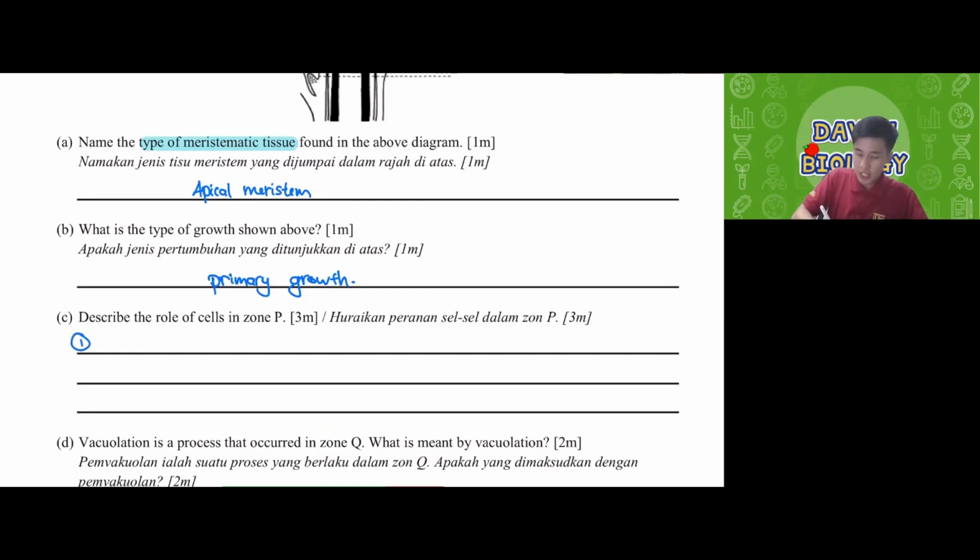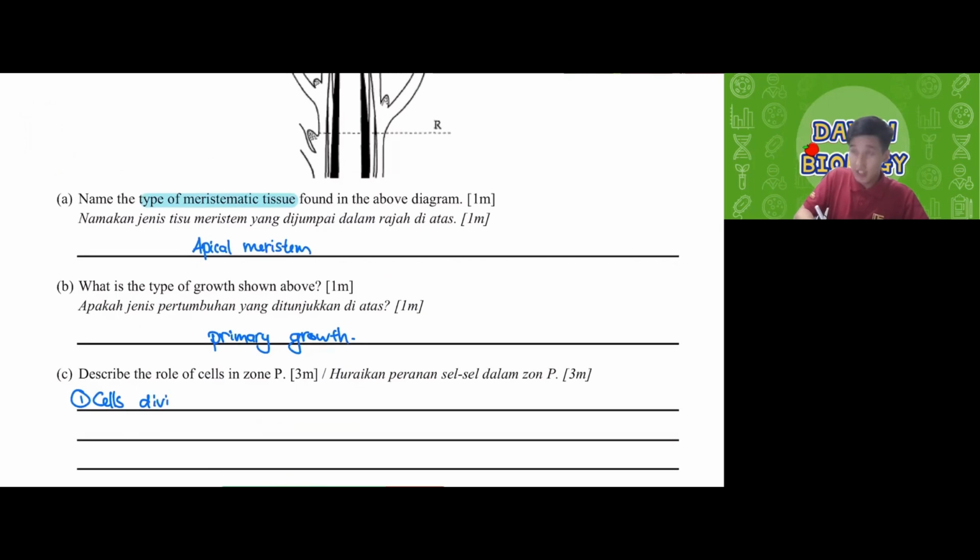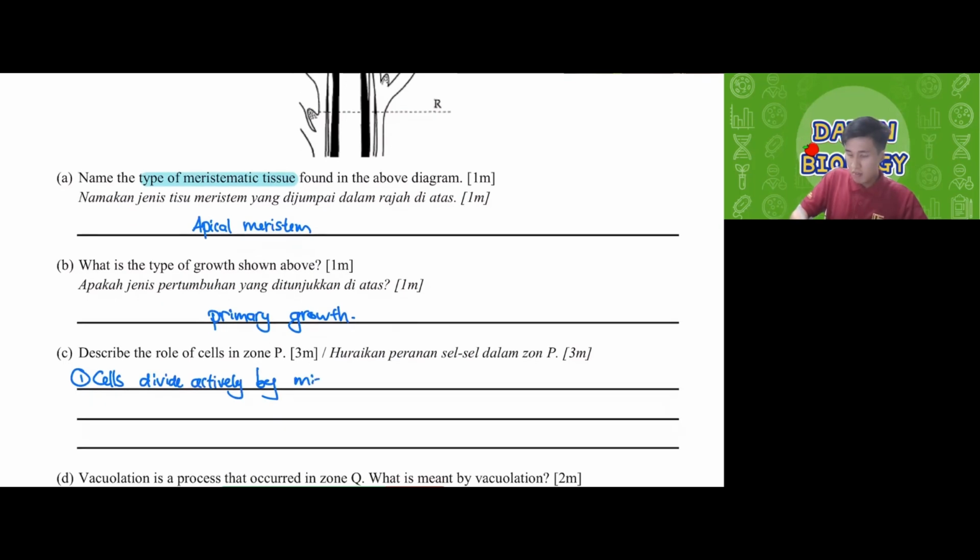So first, we need to say the cells. Like I wrote for you just in front, zone of cell division, what do they do? The cells here divide actively by mitosis. Why? We also wrote it just now. I divide, so I get more cells. So it's basically to increase the number of cells.